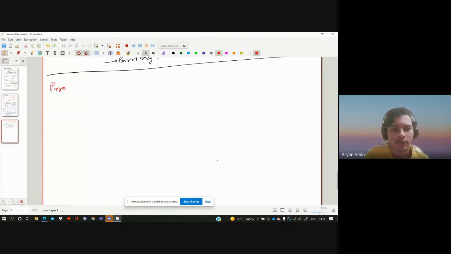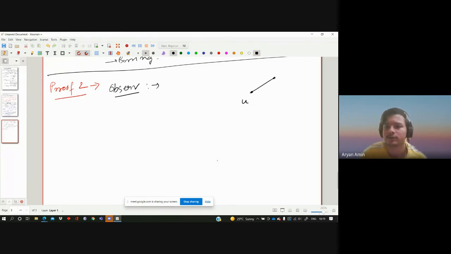Proof 2. First of all, notice that for any vertex u, look at its neighborhood.